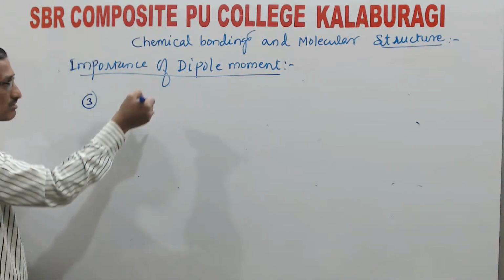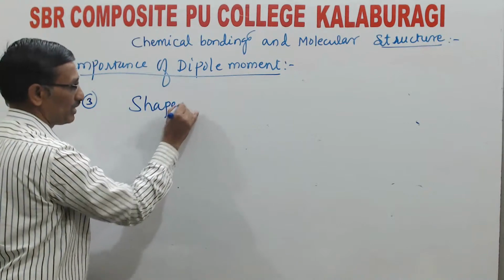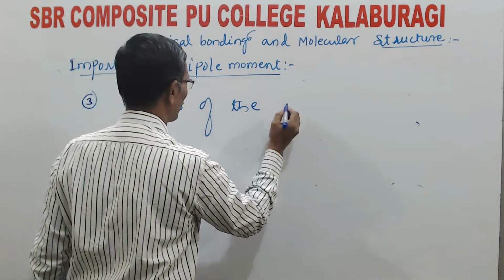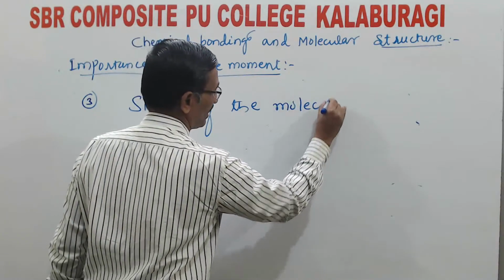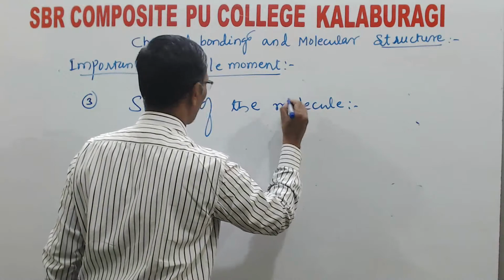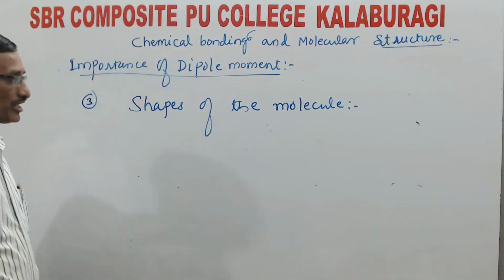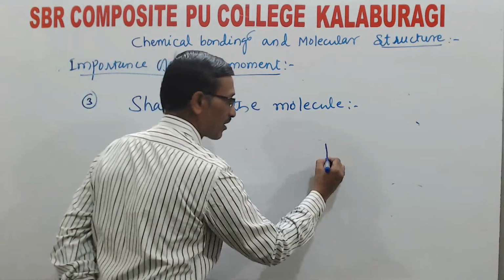Third importance: geometry or shape of the molecule. Is it possible to predict the geometry of a molecule? Let us see, taking only two examples, carbon dioxide and water molecule.